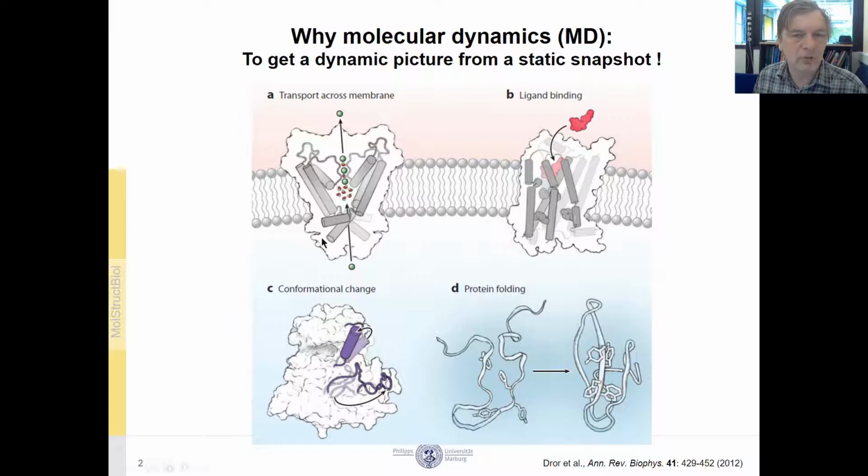macromolecule is, for example, built in a lipid membrane like here, or is in solution, for example, an enzyme, and has to do some conformational changes to fulfill its function.